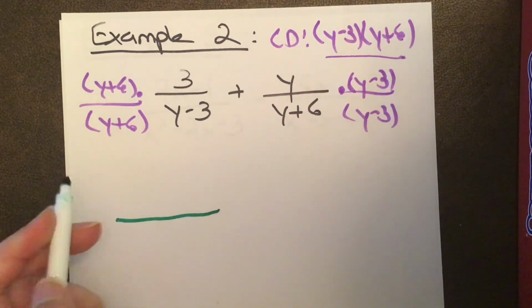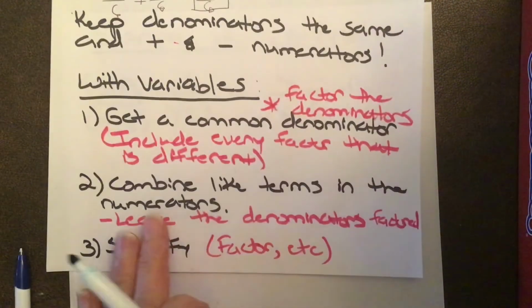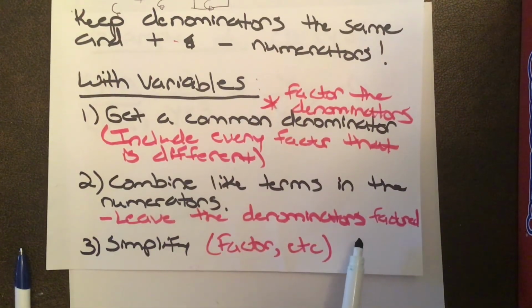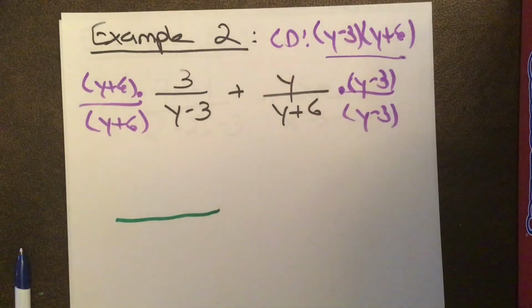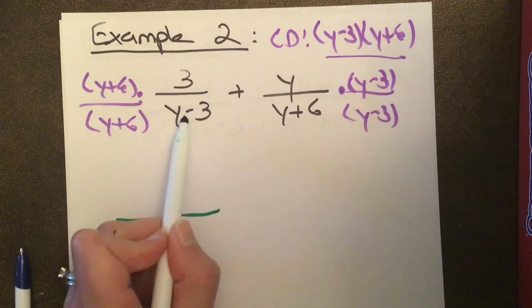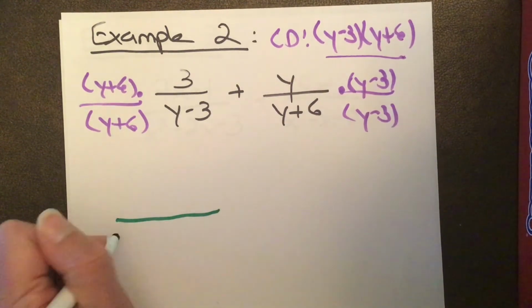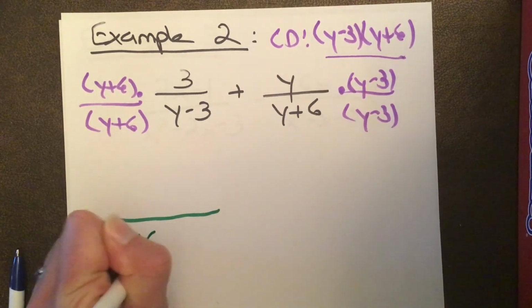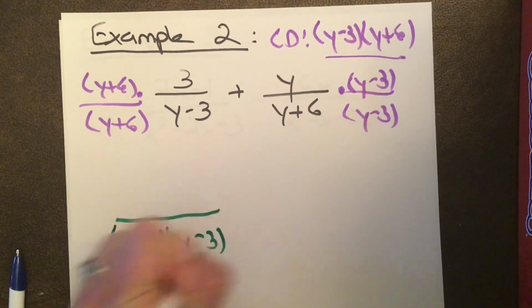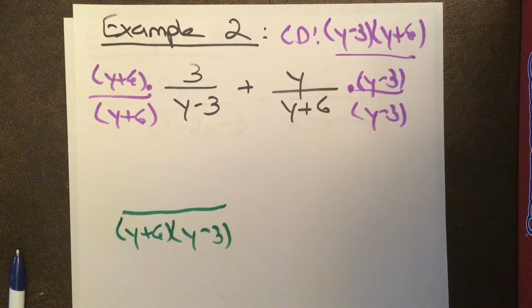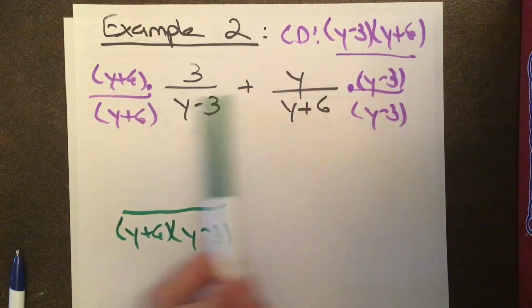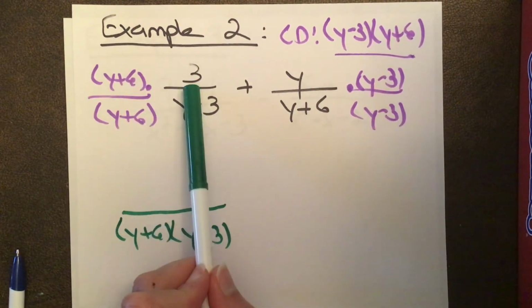The good news here is, as I said in the steps, leave the denominators factored. There's no need for me to actually multiply this y plus 6 with this y minus 3. I'm simply going to leave the denominator y plus 6, y minus 3. The numerator I am going to have to multiply out because I'm going to have to combine like terms up here, and I can't do that with how it is right now.